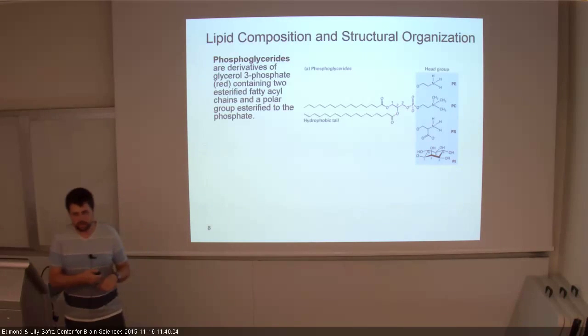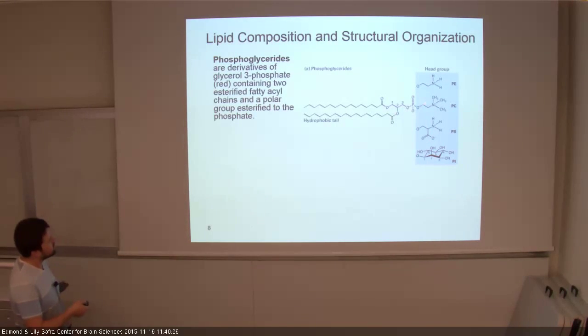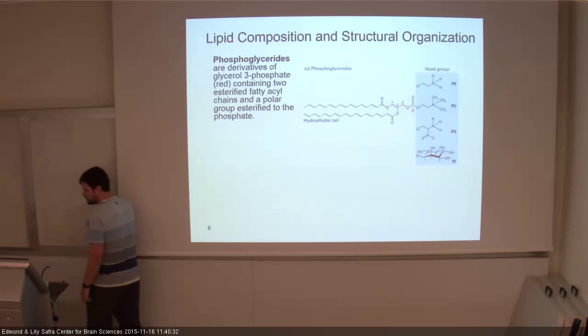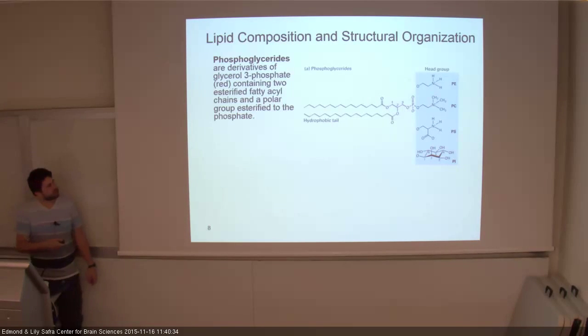So you can have all these different head groups bound to this basic structure, and around 80% of the composition of the membrane is made from molecules that look like this.